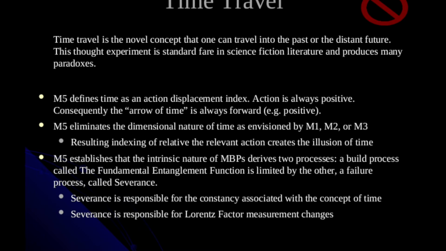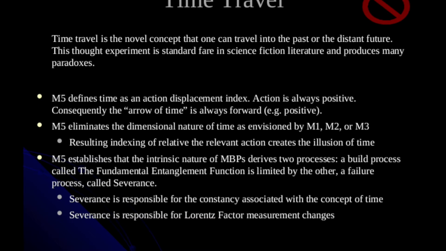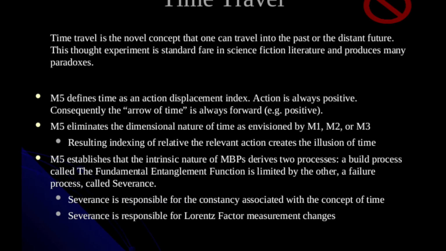Severance is responsible for the Lorentz factor measurement changes. So the things that the Lorentz factors would calculate as time dilation, or those kinds of things, are handled by severance.